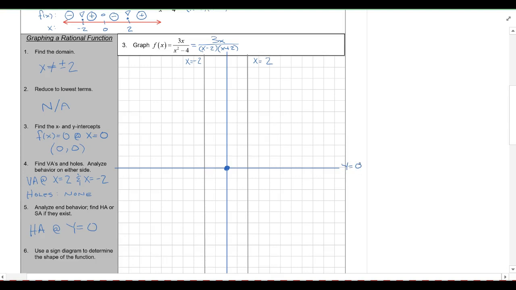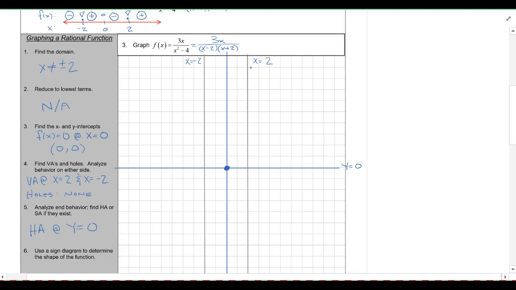Okay, step 6. Use a sign diagram to determine the shape of the function. Well, let's see what our sign diagram tells us. It tells us out here beyond x equals 2, so to the right of x equals 2, my function is positive. But I also have this horizontal asymptote and this vertical asymptote.